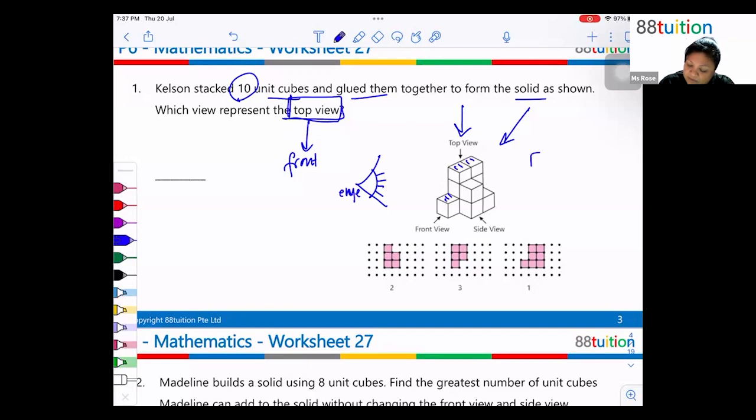So you have 1, 2, 3, followed by 1 at the side, 2 at the side, and that's it, here and here. So this should be number 3. All right, top view from the front.